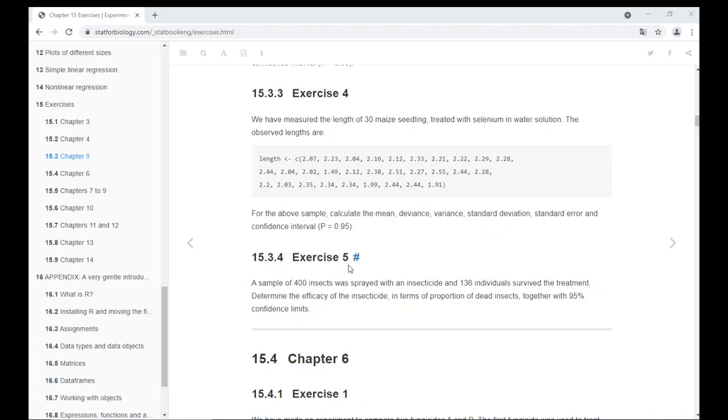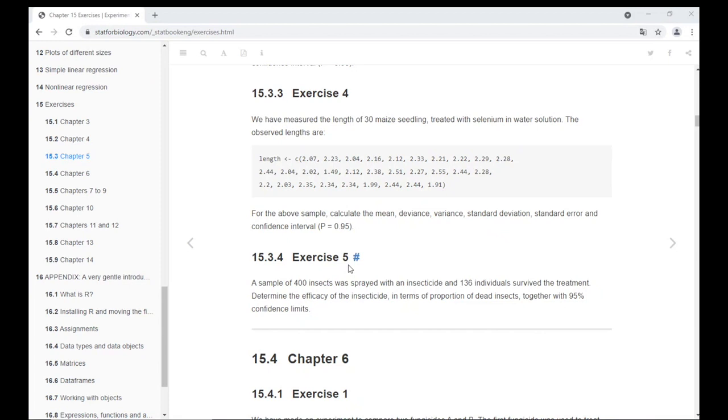A sample of 400 insects was sprayed with an insecticide, and 136 individuals survived the treatment. Determine the efficacy of the insecticide in terms of proportion of dead insects, together with 95% confidence limits.